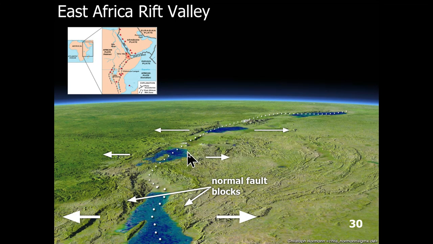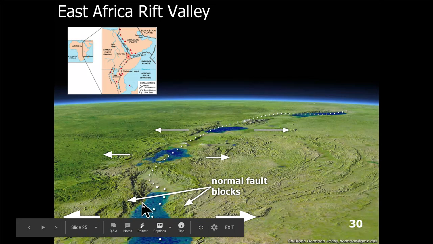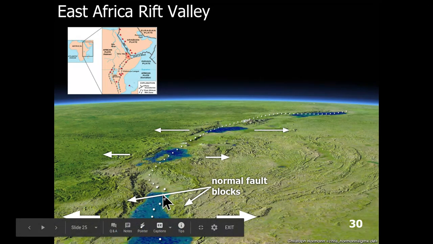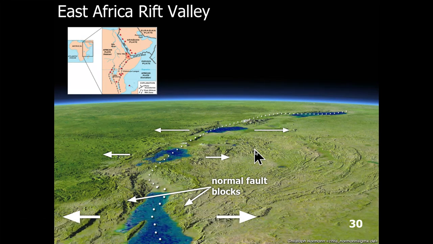If you were to walk along this area right in here as a field study, you would certainly see tensional forces at work by looking at the series of normal fault blocks on both sides of the Rift Valley. So again, this is another example of a very active Earth.